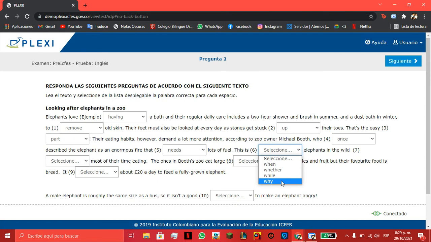So I think the right answer is why, because it is explaining, giving the reason of the action of the elephants spending most of their time eating, and the word spends means that the elephant uses that time eating or passing that time in a specific way.